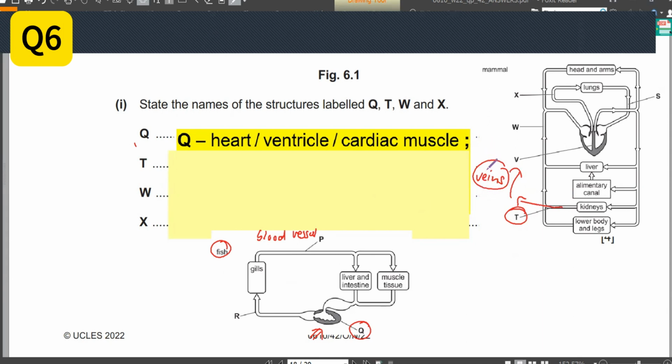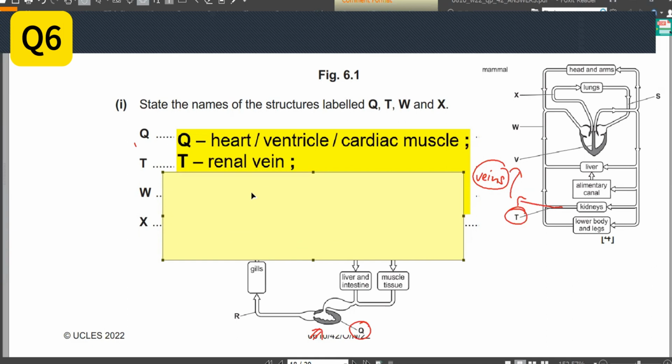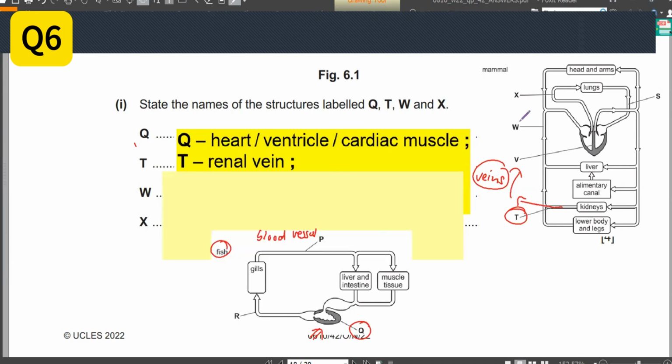They are veins related to the kidney, so there is a specific name for that. We call that the renal vein. Next, W. We can see this blood vessel here, which is a major blood vessel.